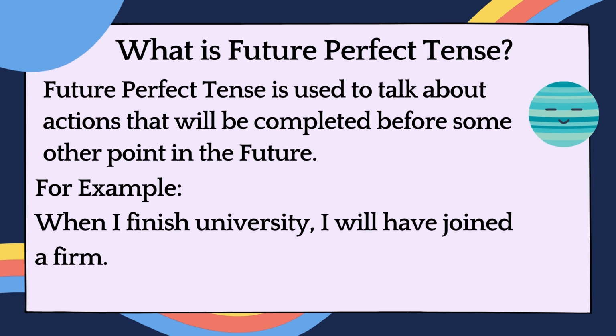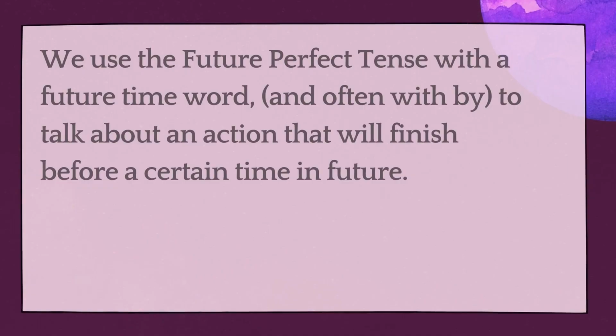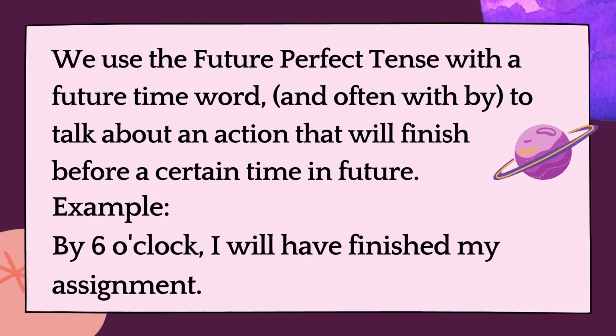So the statement I'll have joined the firm indicates that in future you will have done this thing, or maybe you aim to acquire this thing in future. I hope you understand. I hope you people have understood the definition of future perfect tense.